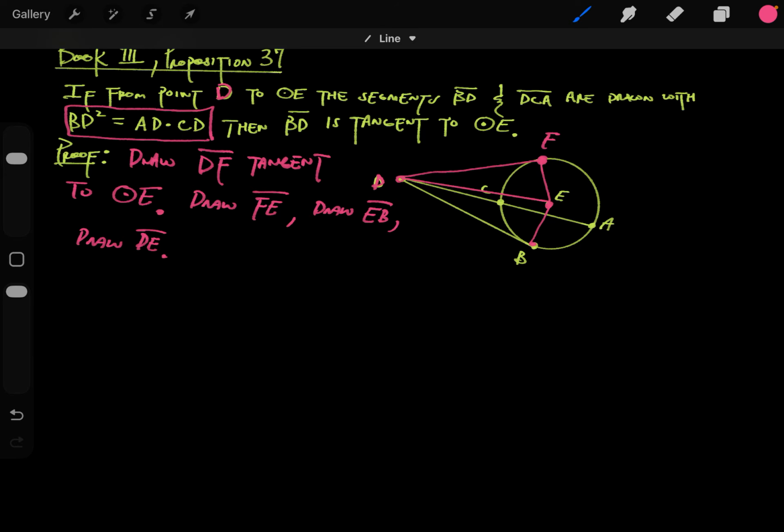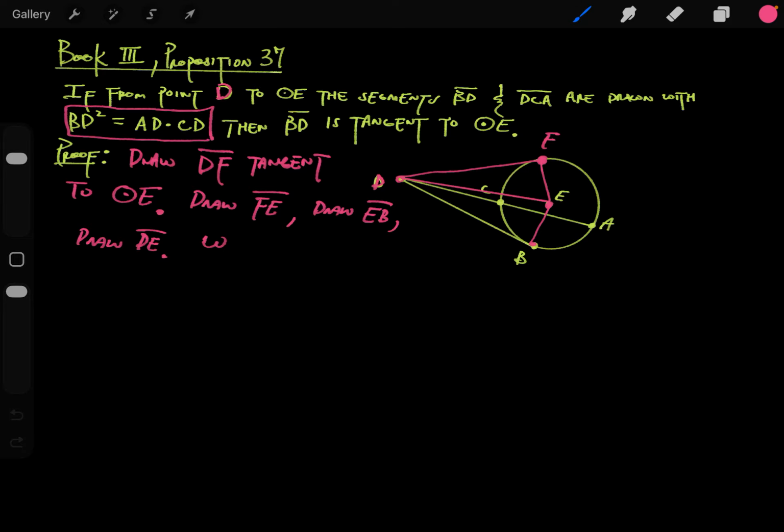Okay, now what we have here is that we know from the previous proposition that we have this relationship between DCA and DF.